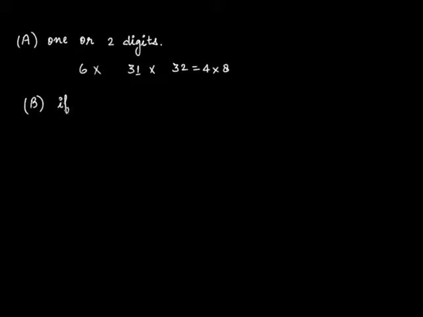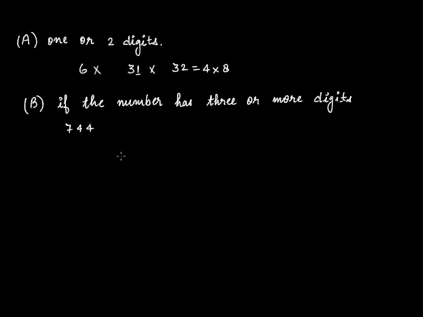If the number has 3 or more digits, if this is the condition, then in that case, let's take an example. Suppose you have 744.